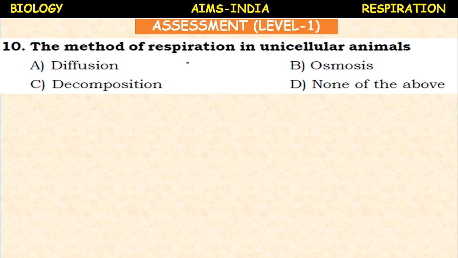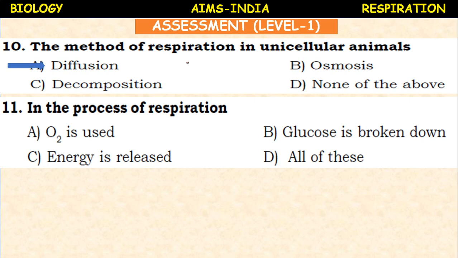The method of respiration in unicellular animals: diffusion, osmosis, decomposition, or none of the above. It is diffusion, a physical process by which exchange of gases takes place in unicellular animals. Example: amoeba, paramecium, euglena, even in bacteria also.